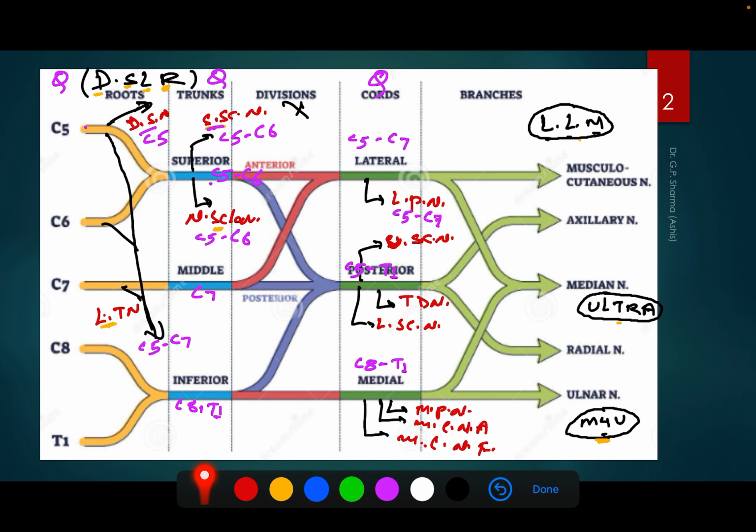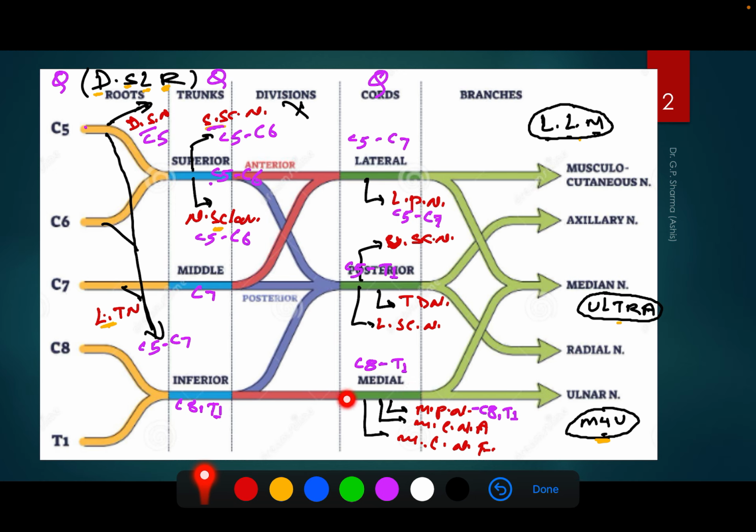What are those branches? That is medial pectoral nerve. Let's follow this one. Medial pectoral nerve is coming from this way. That is what? C8 to T1. So that its value should be how much? C8 and T1, right? Now let's see the medial cutaneous nerve of arm and medial cutaneous nerve of forearm.